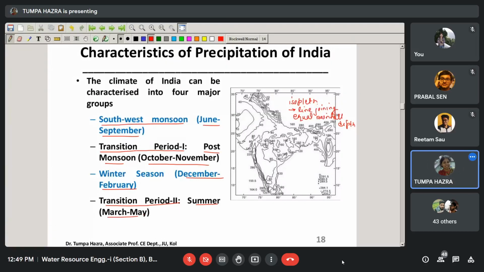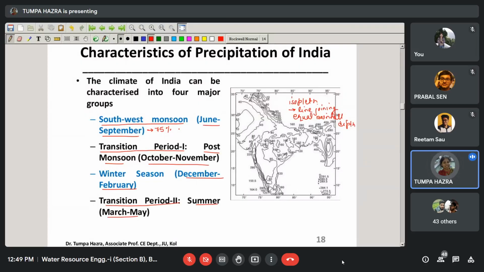Now, what is the southwest monsoon? In India, it is popularly known as the monsoon, and it creates maximum rainfall. Around 75% of the precipitation in India results from the southwest monsoon. Due to the southwest monsoon, the rainfall occurs from June to September.